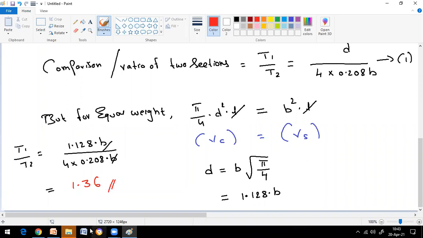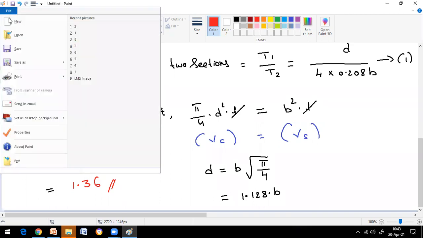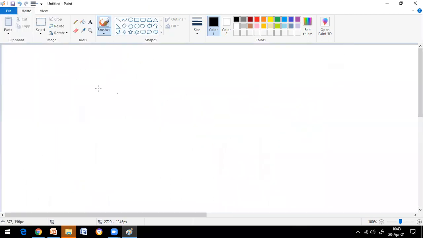Clear? So now from this, what did I understand? From this, I can make a statement like this, which is note 2.